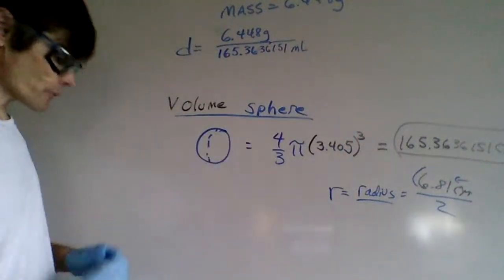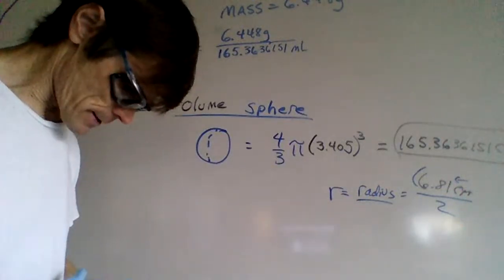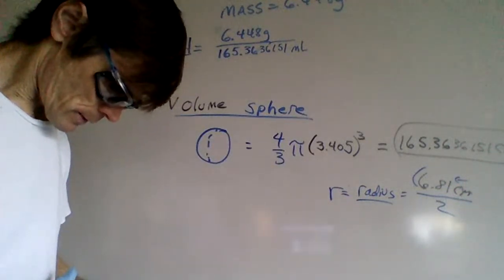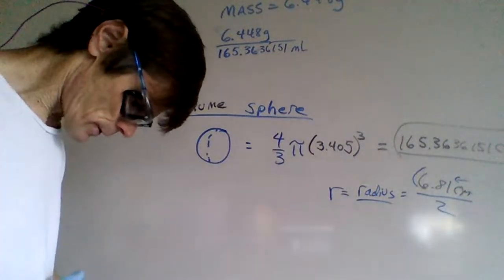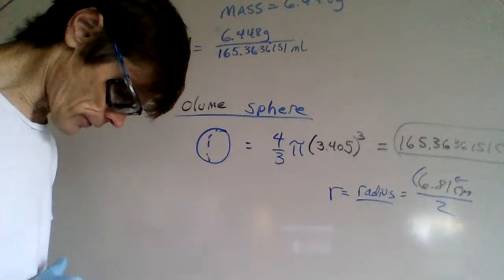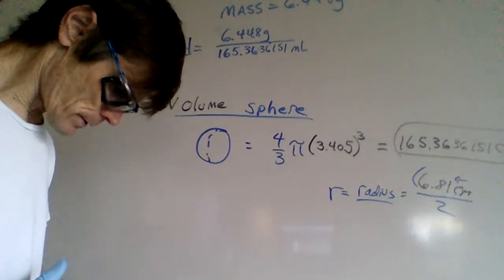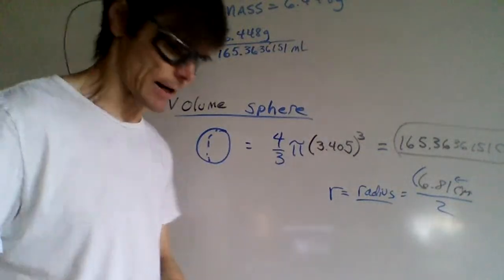So let's put this into our calculator. 6.448 divided by 165.3636151. And I got 0.03899.